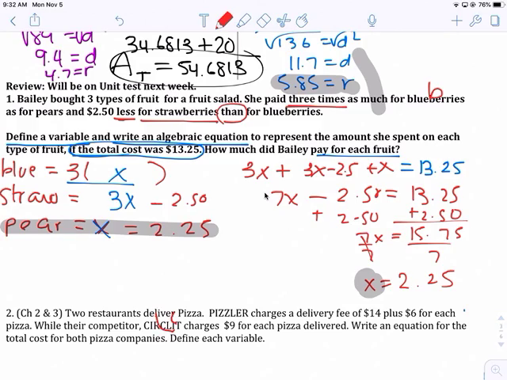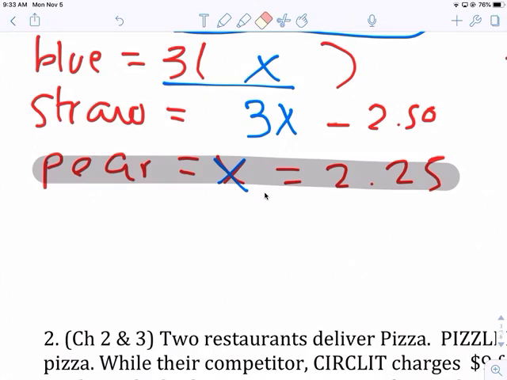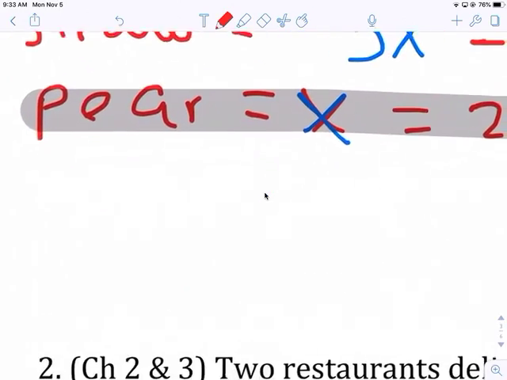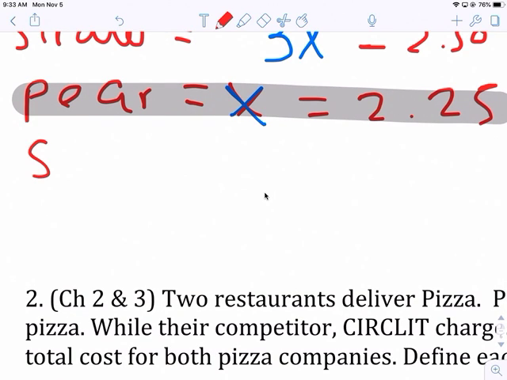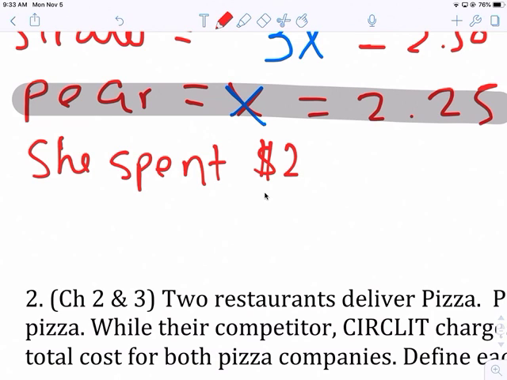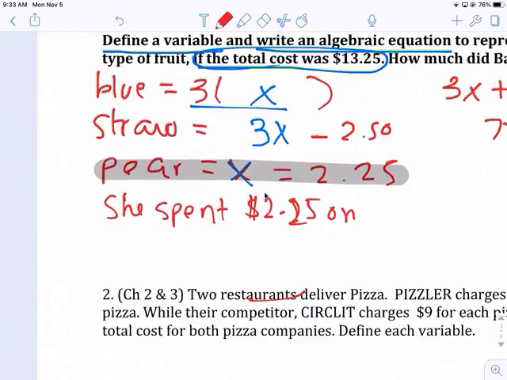So if that's the case, Bailey, I assume Bailey is a she, spent $2.25 on pears.